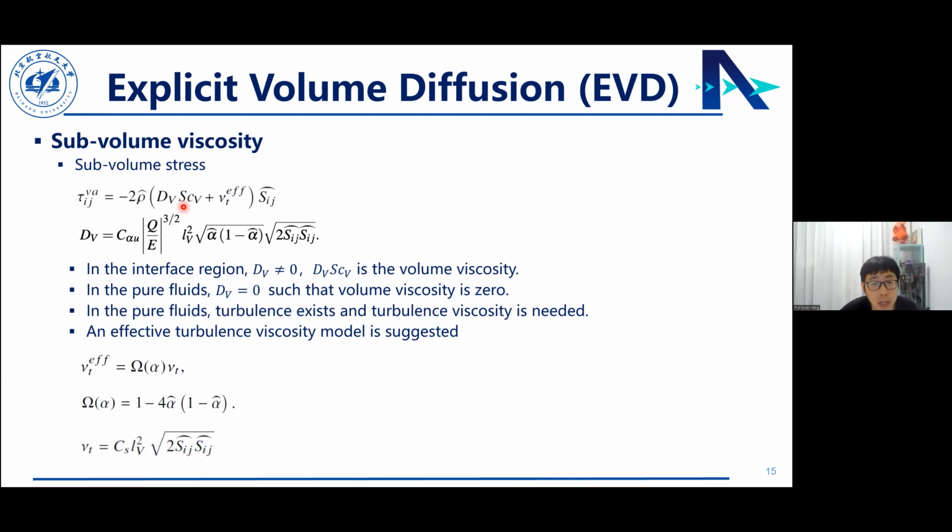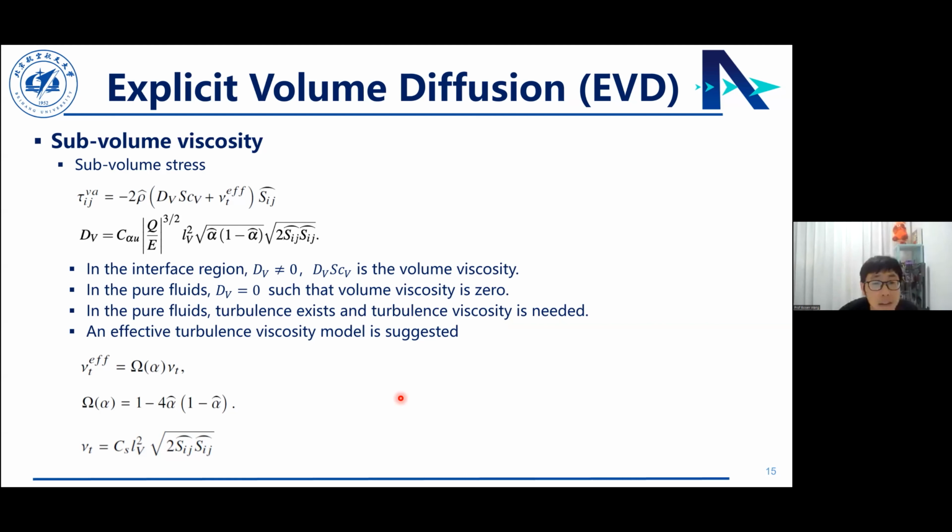Then we introduce an interface detector, and then we can have a 0 of the viscosity in the middle of the region. There, the volume viscosity dominates, and in the turbulence in the pure fluids, this factor is 0. Then we only have turbulent viscosity. Then we will have a very smooth profile of the subvolume viscosity.